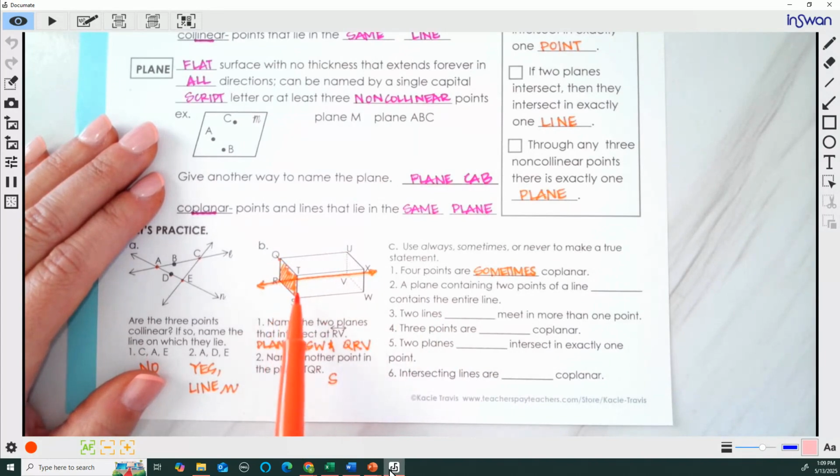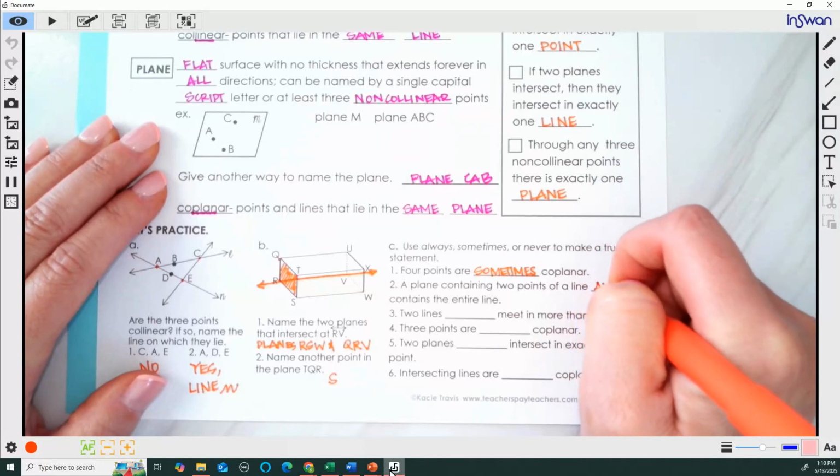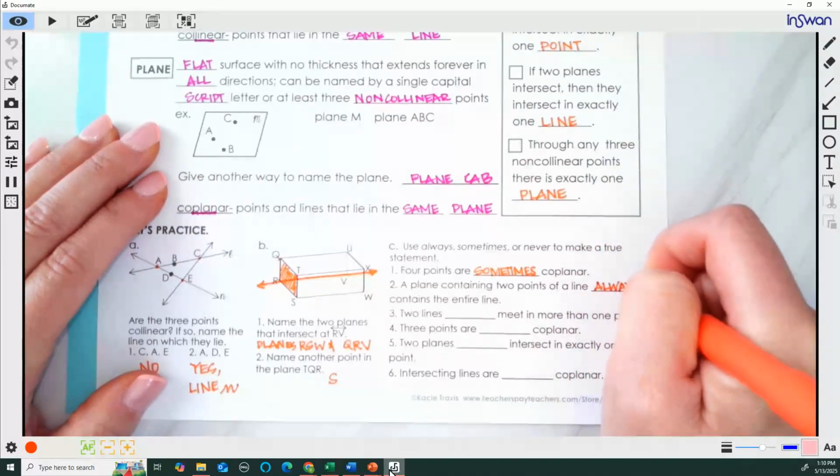We'll go back to this one that's highlighted here, QRST. And I've got 2 points of a line, so Q and T. And if this plane goes on forever in all directions and the line goes on forever in all directions, this would be always true.